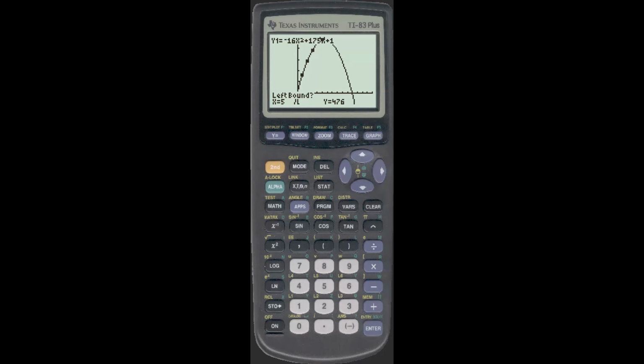X-intercepts only. To find an x-intercept, what do I click? I already forgot. Second, calc, then 0. All right, thank you.